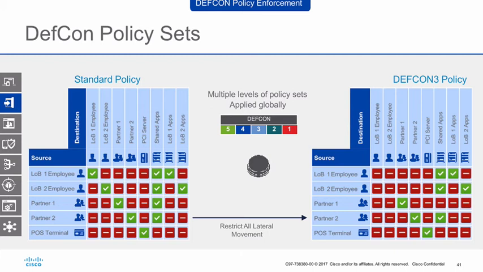So employees can't talk to each other, while at the same time they can still do their normal operation. I'm not preventing them from accessing the resources in the data center, but I'm preventing that east-west spread of malware. This allows our customers to very quickly and efficiently deploy a policy for scenarios in which I've got to do something quick because something bad is happening on the network.